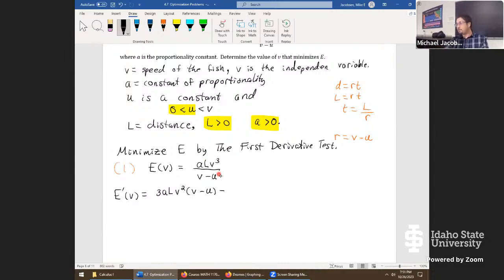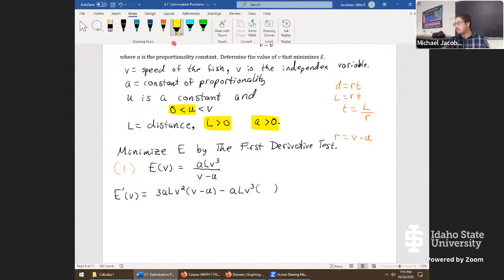Then we go minus, copy the numerator, ALV cubed. But now we have to multiply by the derivative of the denominator. That's either 1 or -1. Anyone see which one it should be? Turns out it's not -1 on this one.